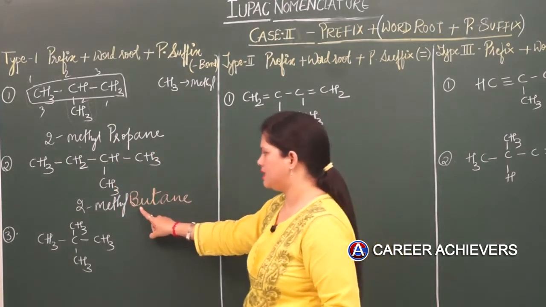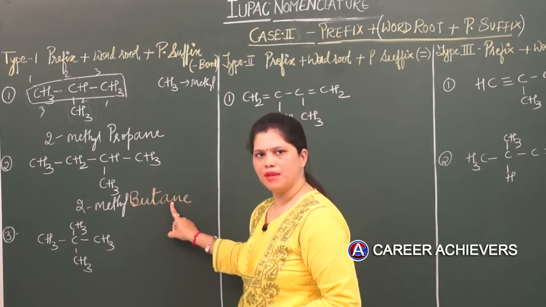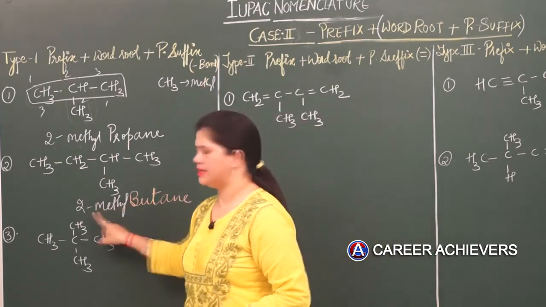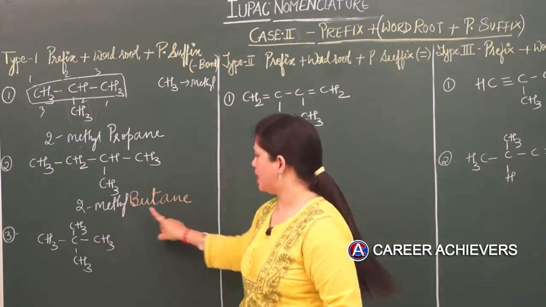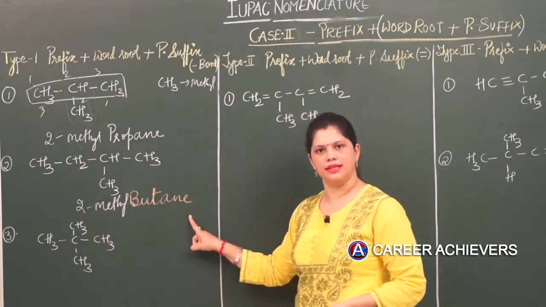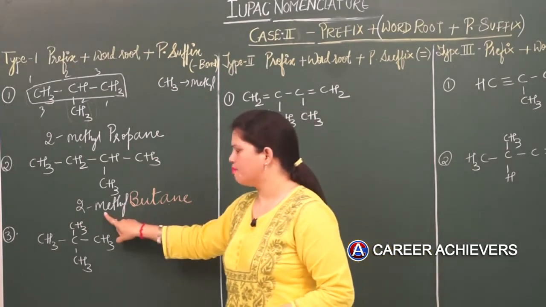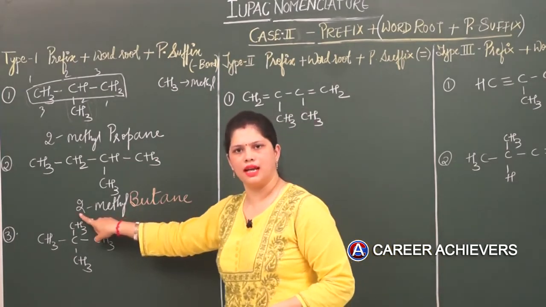So again I am telling, this is the word root part, this is the primary suffix as the single bond everywhere, and this part is the prefix, right? So the IUPAC name of the molecule here has 3 parts: word root, primary suffix as the single bond, and prefix as methyl at the 2nd carbon.